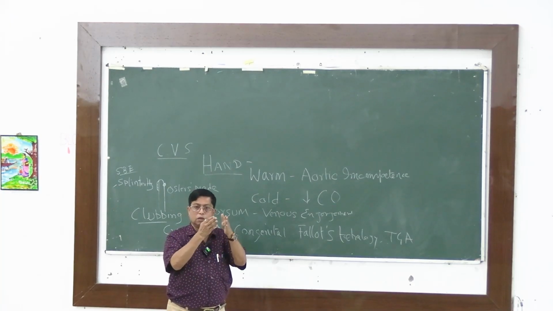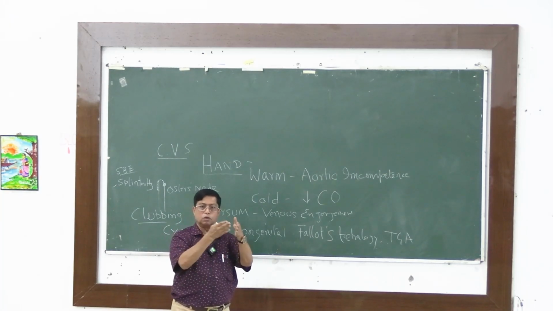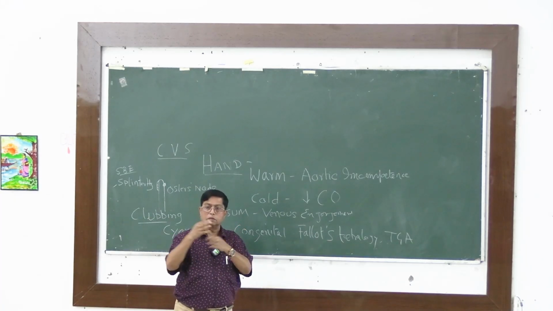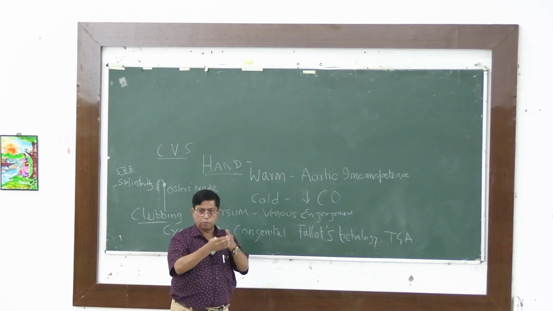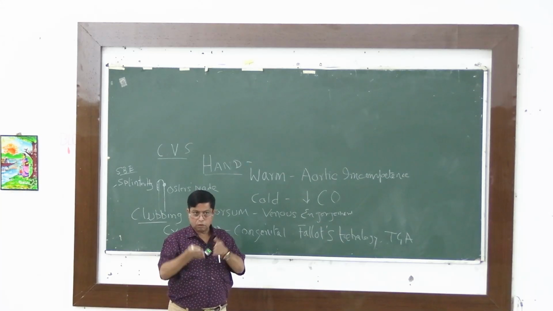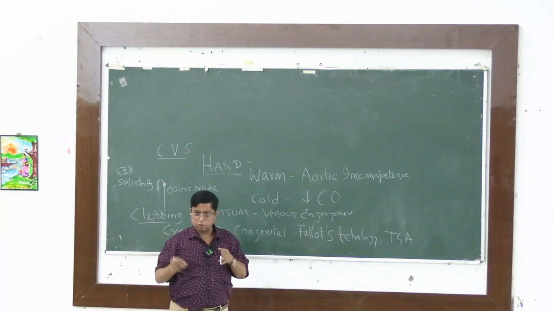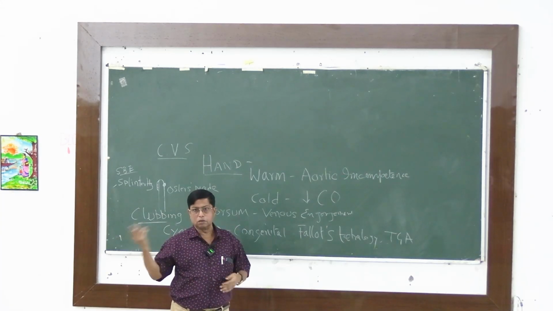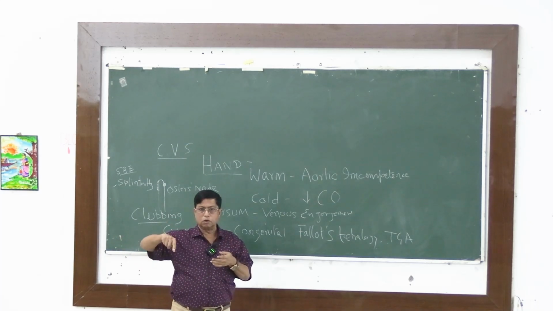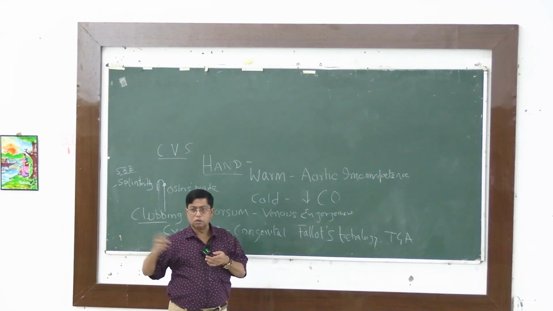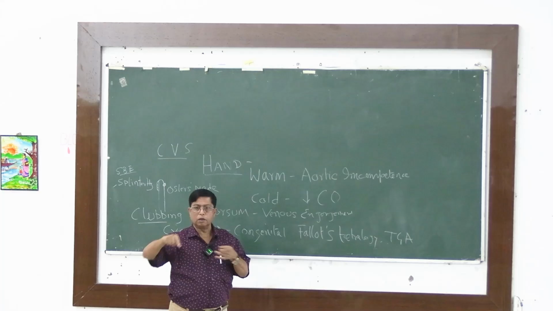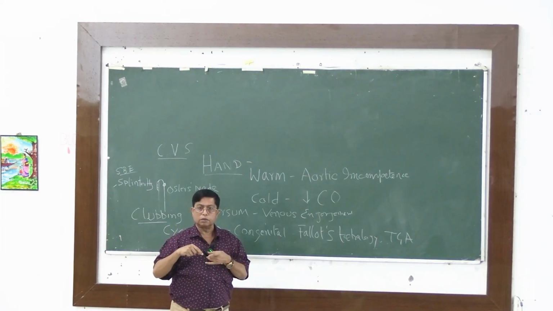Definitely the pulmonary artery will be narrow, there will be pulmonary stenosis and overriding of the aorta. When the aorta takes the left ventricular blood and also some part of the right ventricular blood, that is overriding. If the right ventricular blood goes to the system without the pulmonary circulation, there will be cyanosis, because it is escaping the pulmonary circuit.